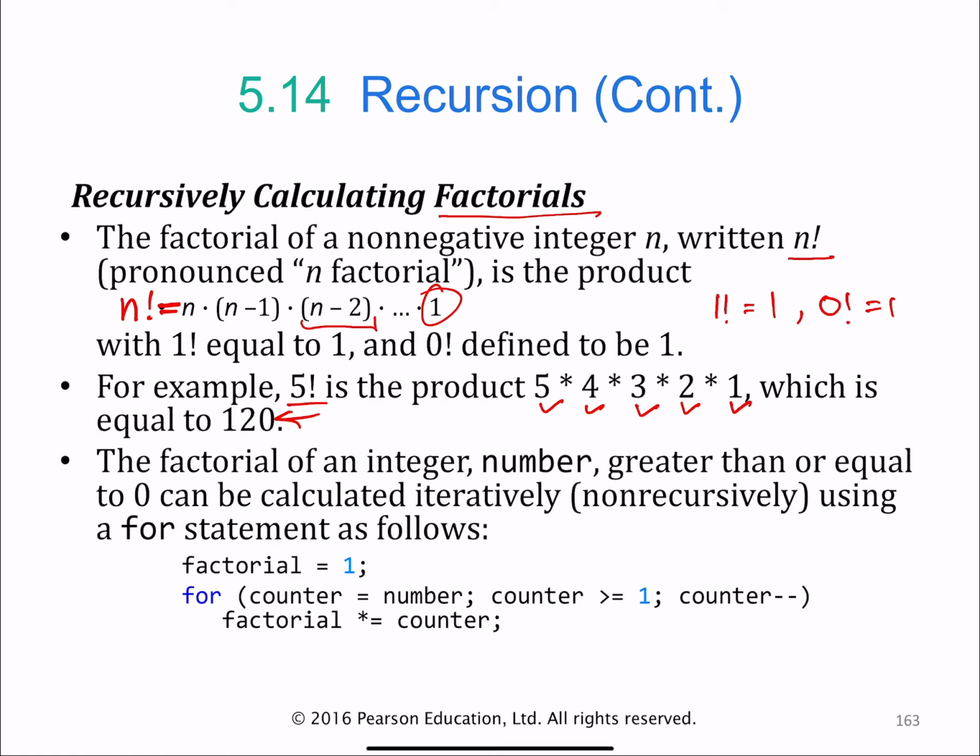Now, the same thing could also be done using a simple for loop, and the code for that would be something like this. You initialize some variable factorial to 1, and after that you have a countdown loop which is initialized to the number whose factorial you're trying to compute, and you simply count down counter, and at each iteration in the for loop you multiply factorial by counter.